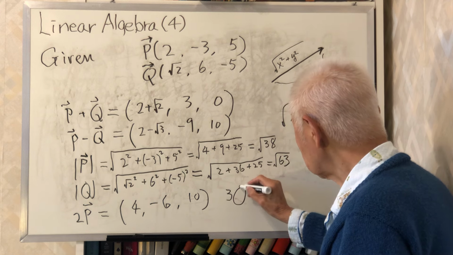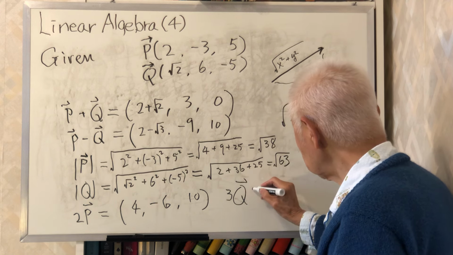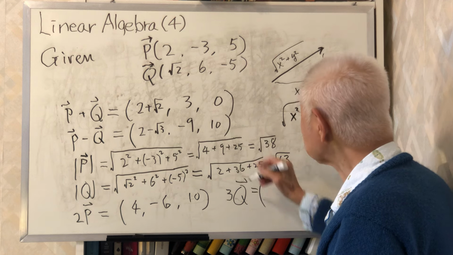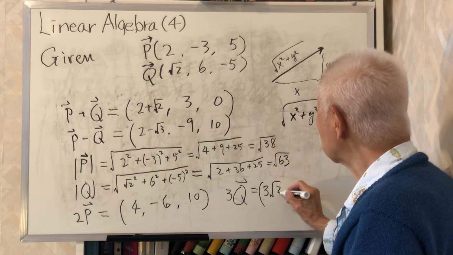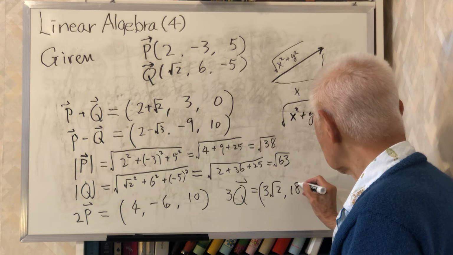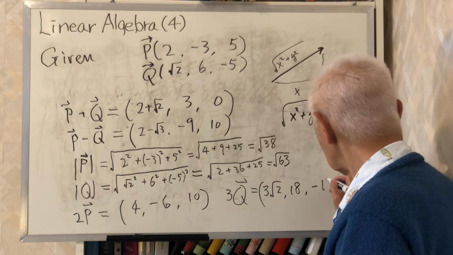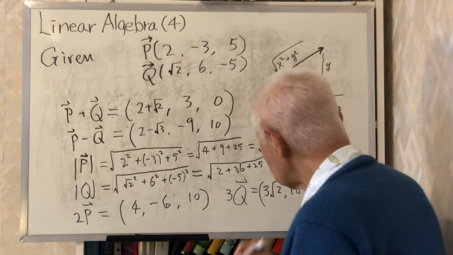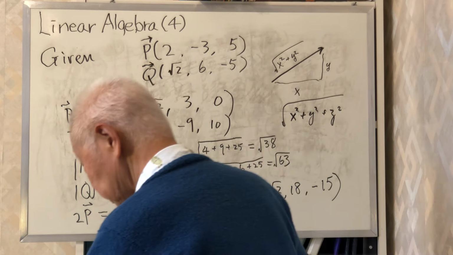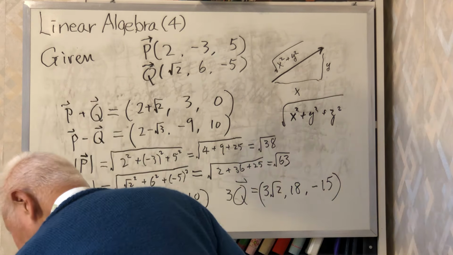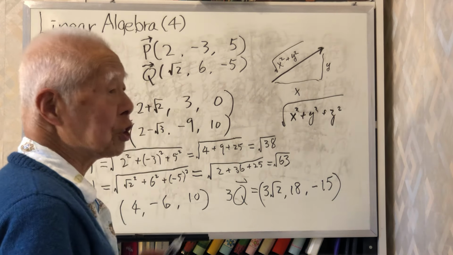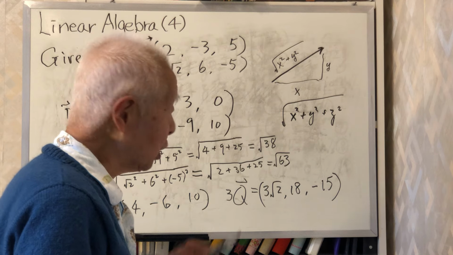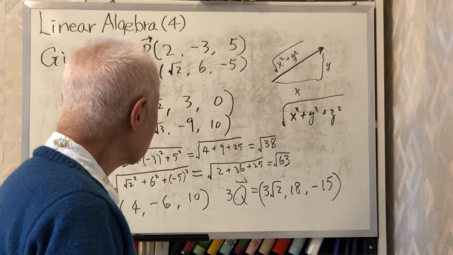Q is a vector. Then you have 3 times this. Okay. So this is very easy. You understand quite well.